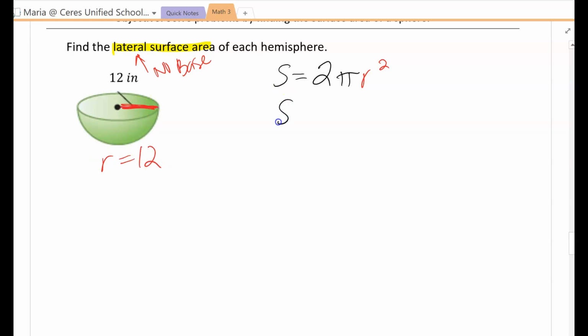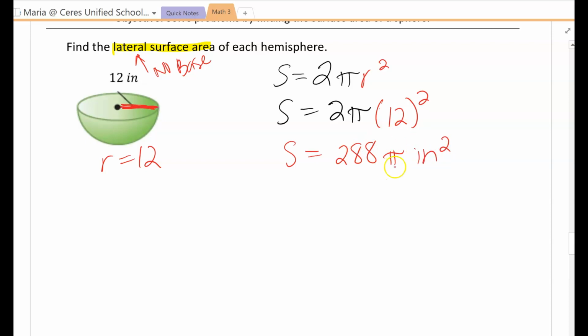I have S is equal to 2 pi times 12 squared. And then you're going to take your calculator, 12 squared, multiply by 2, and then leave your pi until the end. That's going to give you S is equal to 288 pi inches squared. Remember, eat your dessert at the end, leave the pi until the very end.